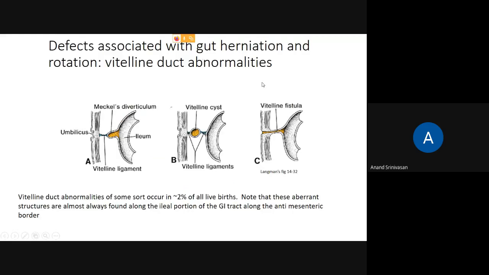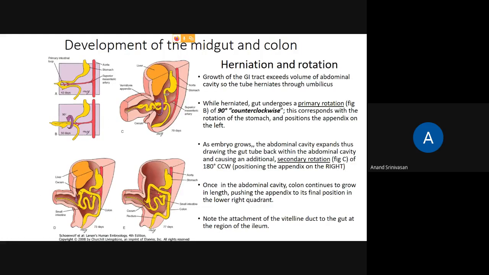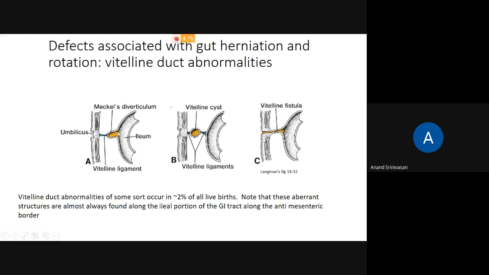Now what happens if this vitellointestinal duct doesn't degenerate? Usually it degenerates. If it doesn't, sometimes there will be a small protrusion on the anti-mesenteric border of the limb.